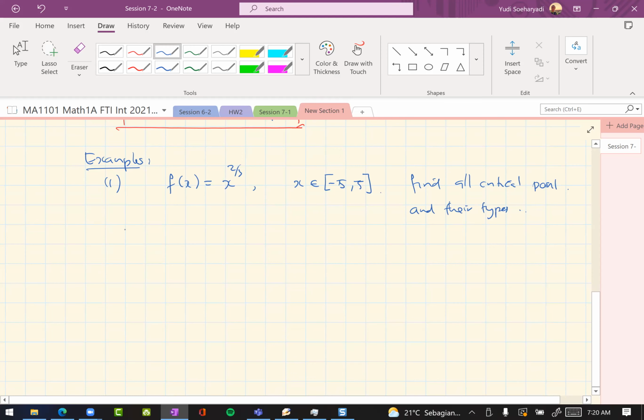Okay, first, for this let's compute the derivative. The derivative is (2/3) x to the -1/3. So this is something that you can write as 2 over 3 times the cube root of x. So it's not defined at 0.